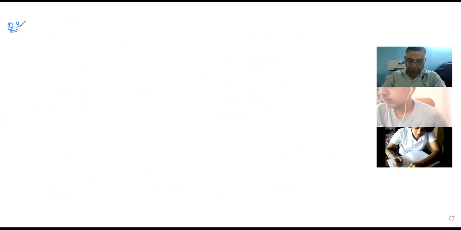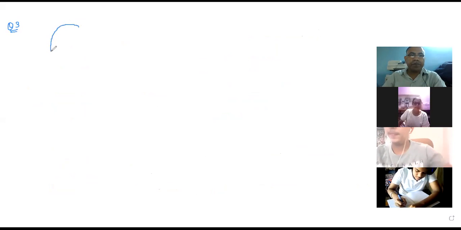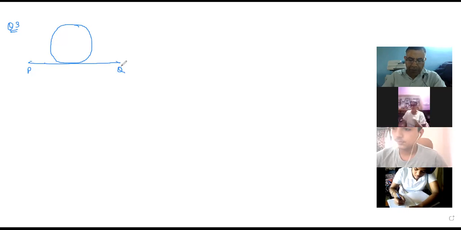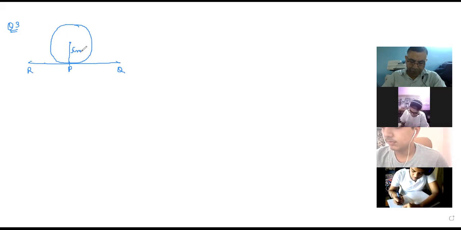A tangent PQ at the point P of a circle of radius 5 centimeters meets a line through the center O at a point Q, so that OQ is equal to 12.